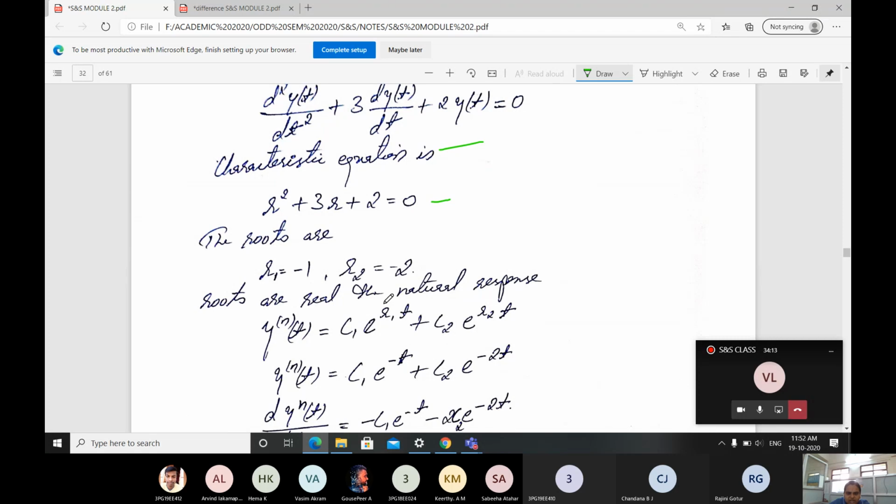Roots are real, so the natural response yn of t is equal to, here two roots are there, for that reason c1 e raised to r1 t plus c2 e power r2 t.